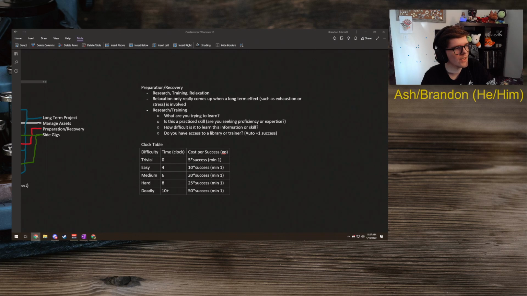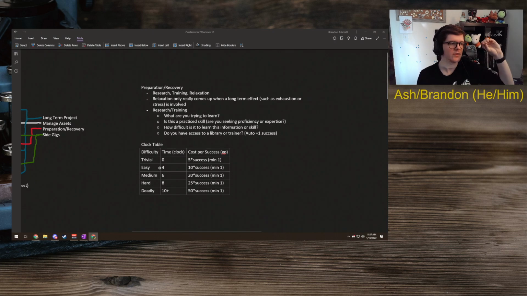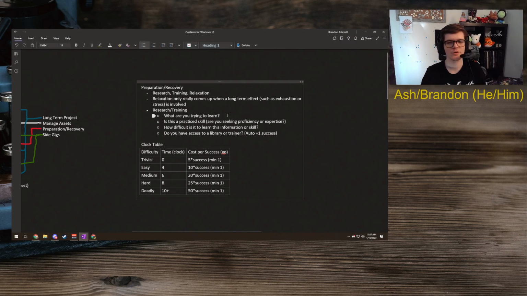I don't ever have a good gauge for what constitutes a piece of lore. So I think this should just be you learn the thing you're trying to learn. Like you're just trying to learn about crop farms in this region of America. If you're at a library, that's a trivial task. Actually, let's make the clock 1.